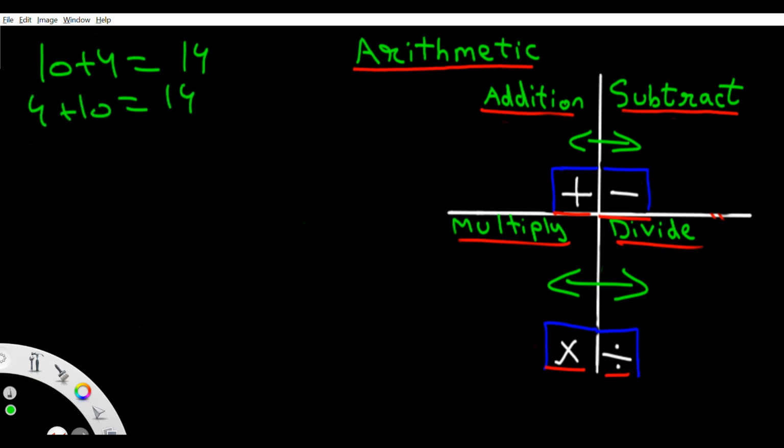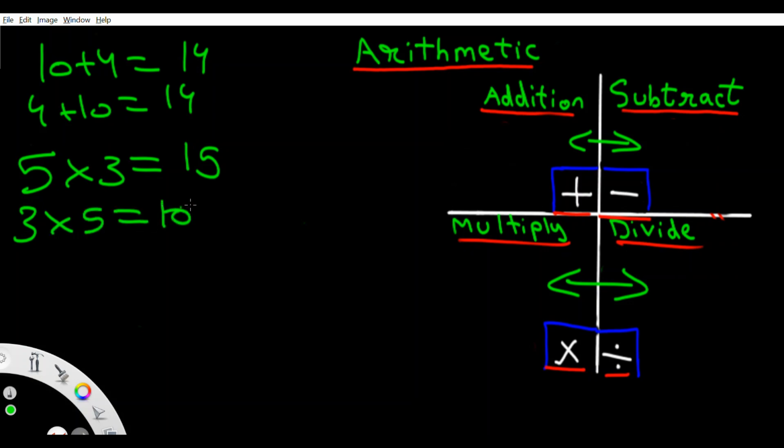And same thing for multiplication. If you know that 5 times 3 is 15, you also know that 3 times 5 is 15. So all you need to do is memorize facts for these, but only half of it, which makes things a lot easier.